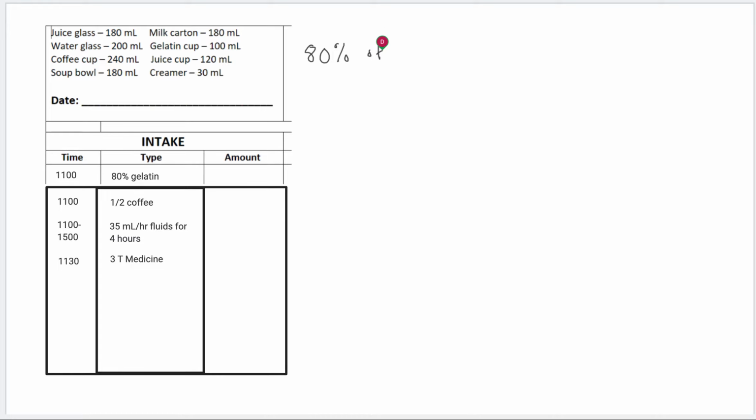So if I look at the items that are given to me, up top here on my chart, a gelatin cup is 100 mLs. So I need to find 80% of 100 mLs. So I'll take 0.80 times 100. The gelatin is going to be 80 mLs.